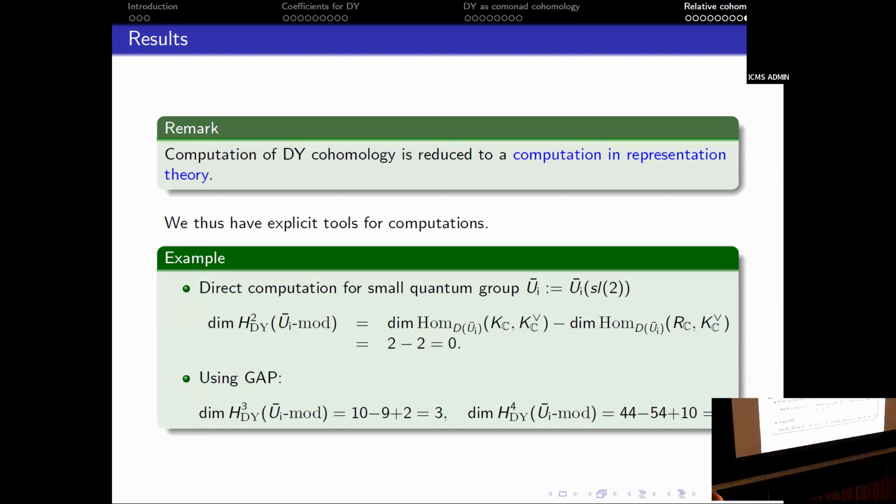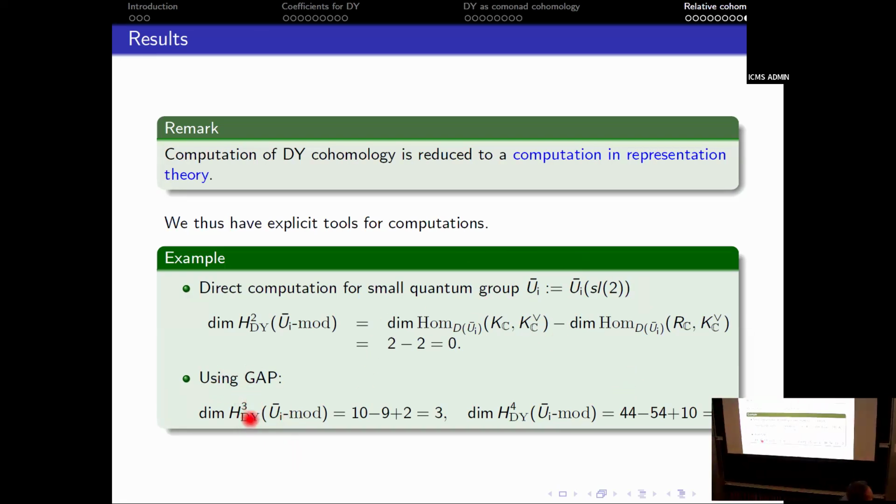And so we did it here for the small quantum group, admittedly at a small root of unity, but this could be done by hand. And we computed also higher cohomology groups using GAP. So for example, you find here that this small quantum group has 3 deformations of the associator, and they are not obstructed.